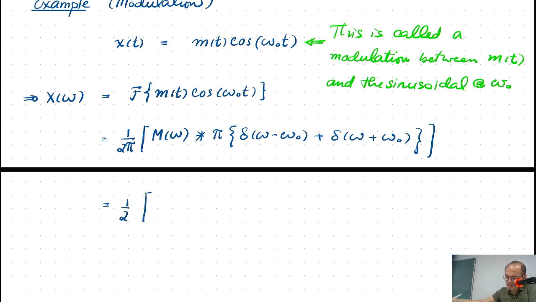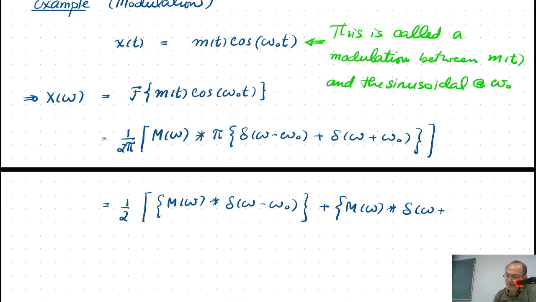And from the distributive property of convolution, we can take the m inside the parentheses. So we have M of omega convolved with delta at omega 0, plus M of omega convolved with delta at minus omega 0.